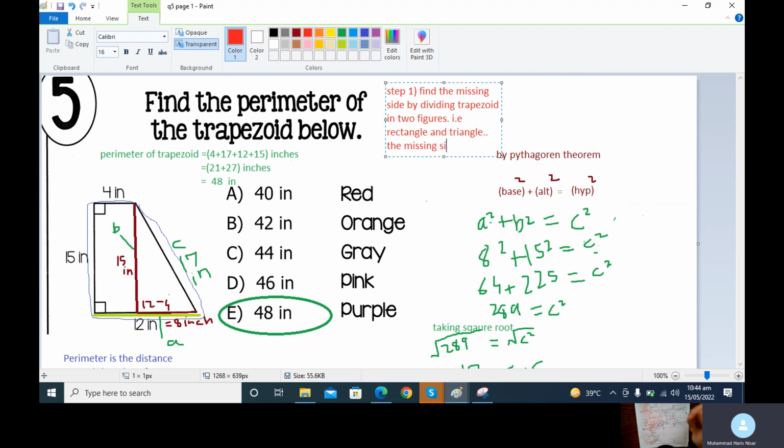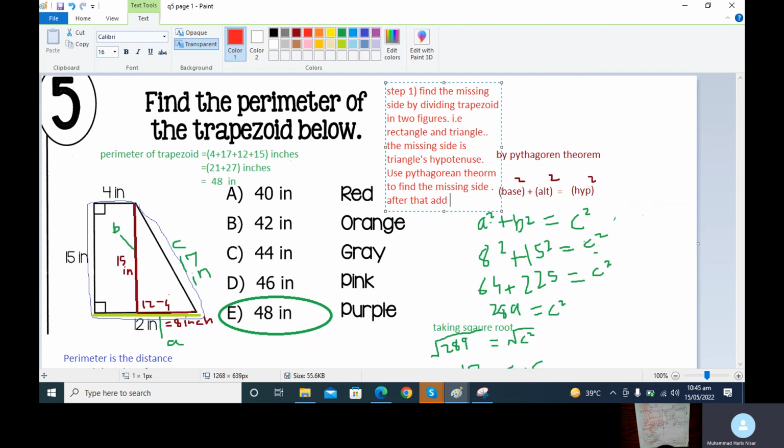The missing side is the hypotenuse. Use the Pythagorean theorem to find the missing side.